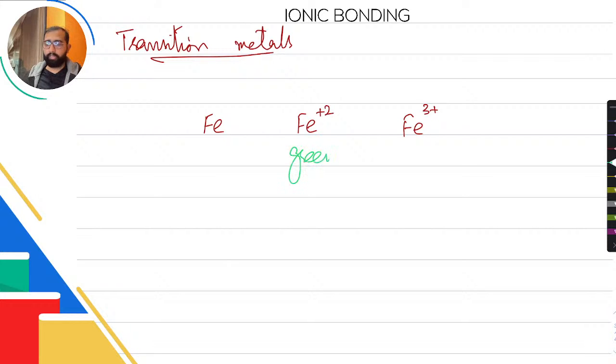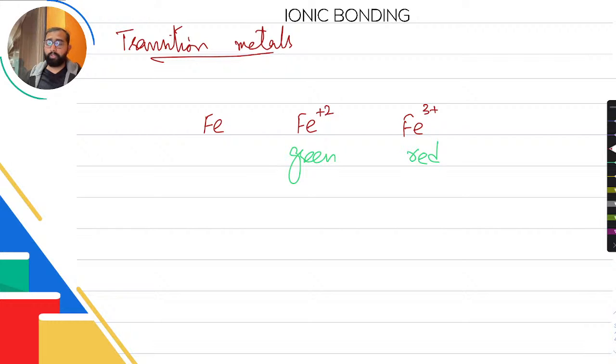And if it is with 3, it will be red. I'm talking about the iron hydroxide that it forms. So based on this, you can easily see that it has a different color. Now there is a very good explanation of why this is giving a red color and why that is giving a green color. And it has to do with frequency of light, electron configuration, and so many things. But we'll get to that later on in A levels.